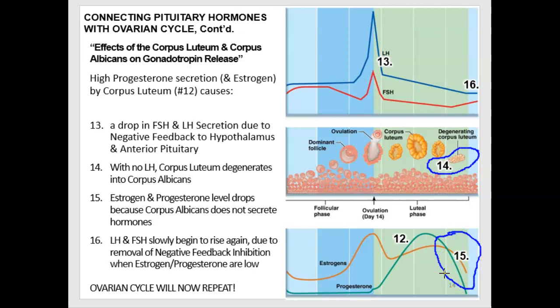Without estrogen or progesterone production, negative feedback inhibition is removed. And so now luteinizing hormone and follicle stimulating hormone will be made again by the anterior pituitary, and you'll see them slowly begin to rise. And the ovarian cycle will repeat.